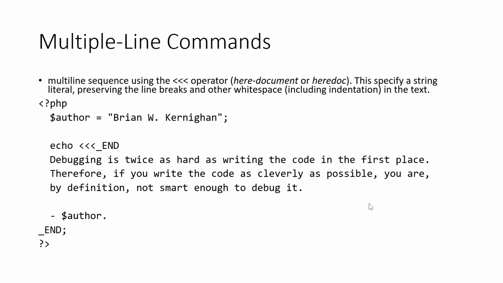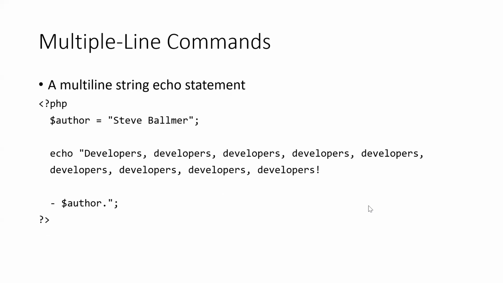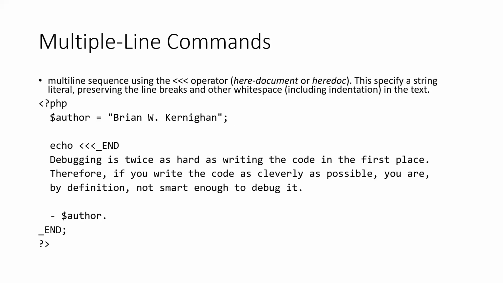Now, the way we can actually use a multi-line sequence is with three angle brackets. We normally say heredoc or here document. What we can do is preserve the values exactly as they are. For example, we start with the echo command, three angle brackets and _n.